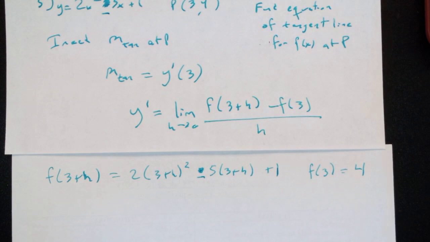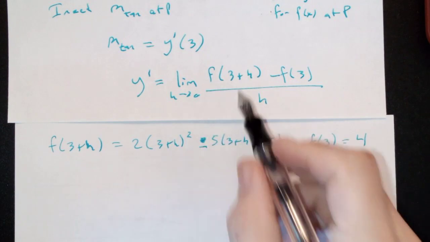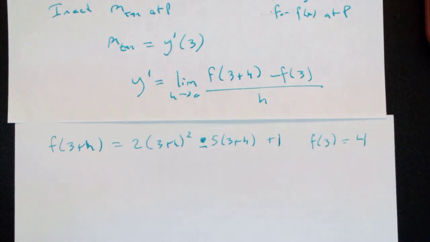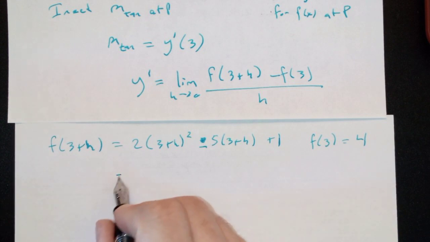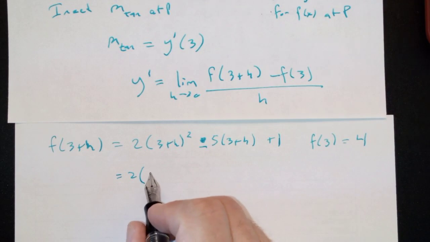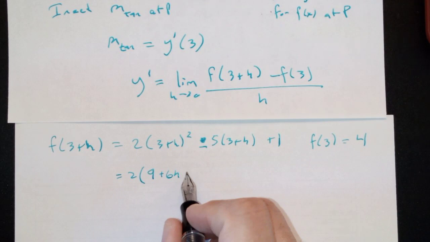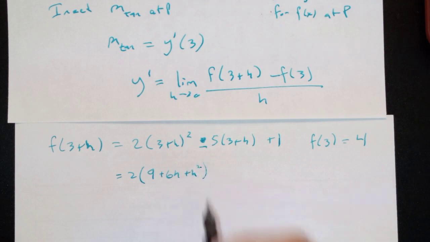From here on out, it's algebra. And then right at the end, there'll be one limit. Let's put this in here. But before I do, I'm going to multiply it all out so that it's easier to put in. 2 times, square this part out: first part squared plus 2 times the first times the second plus the second part squared.